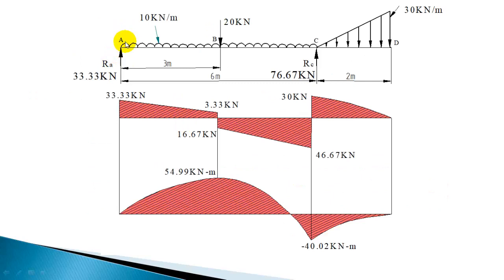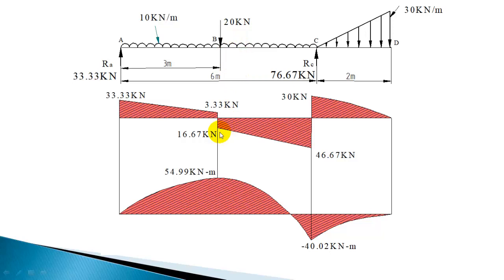Now we know the shear force immediately right of A and immediately left of B, 33.33 and 3.33. And we also know the variation of shear force. It is going to be linear under UDL. So 33.33 to 3.33. And for the section BC, right of B you have minus 16.67, and left of C you have minus 46.67.